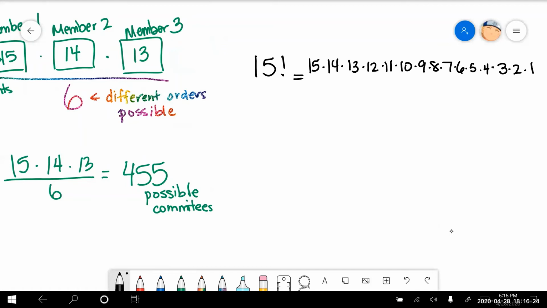We only needed 15, 14, 13, so really only this part is necessary. I'm going to do my best to find some way of eliminating all the rest, which is 12, 11, 10, 9, and so on.